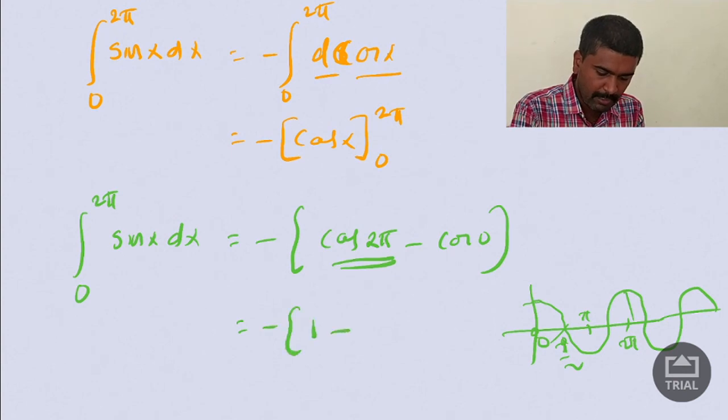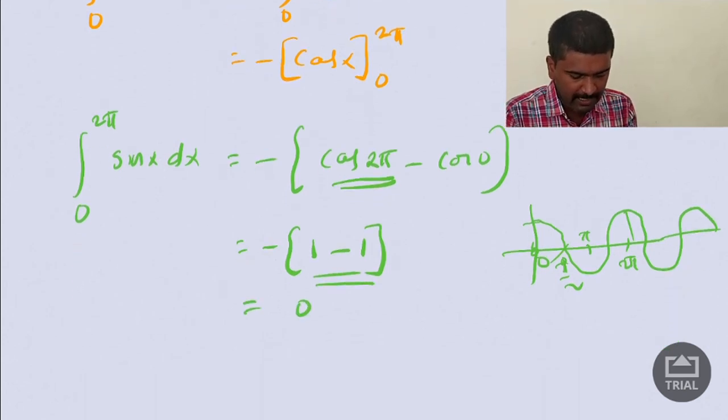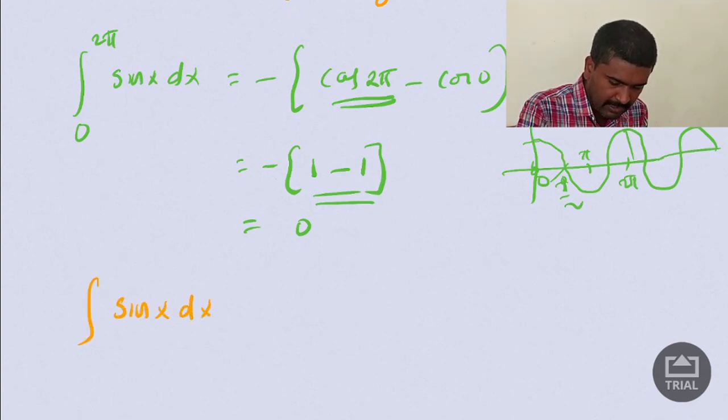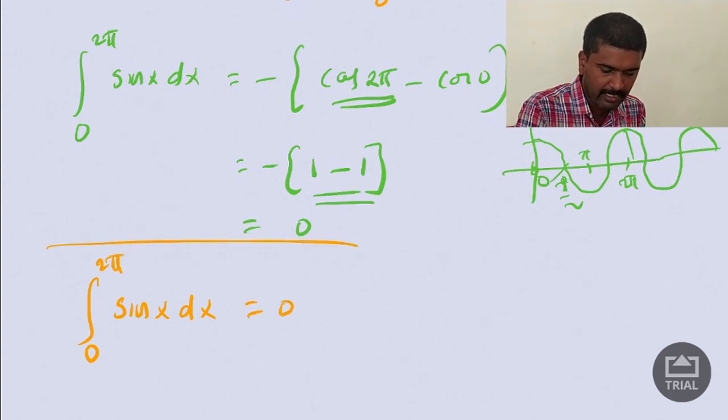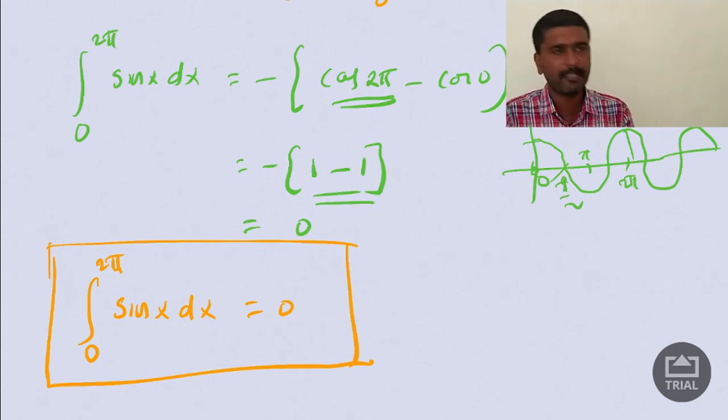So now 1 minus, cosine 0 is also 1, so 1 minus 1 is 0. So you will get the result: the integral of sin x dx from 0 to 2 pi will be 0. So the area under the sin x curve from 0 to 2 pi is 0.